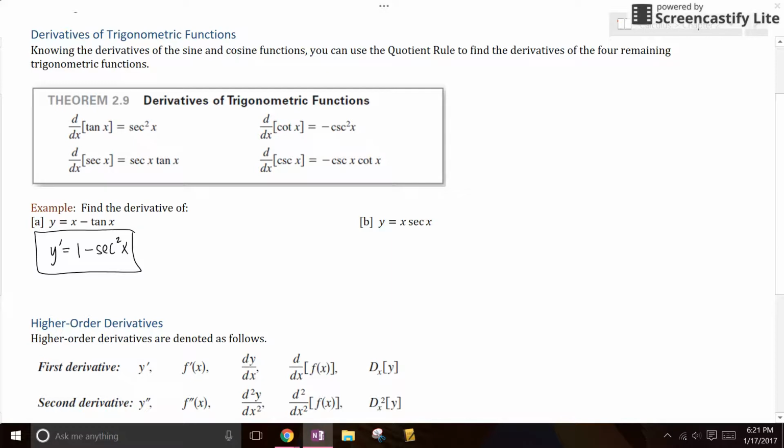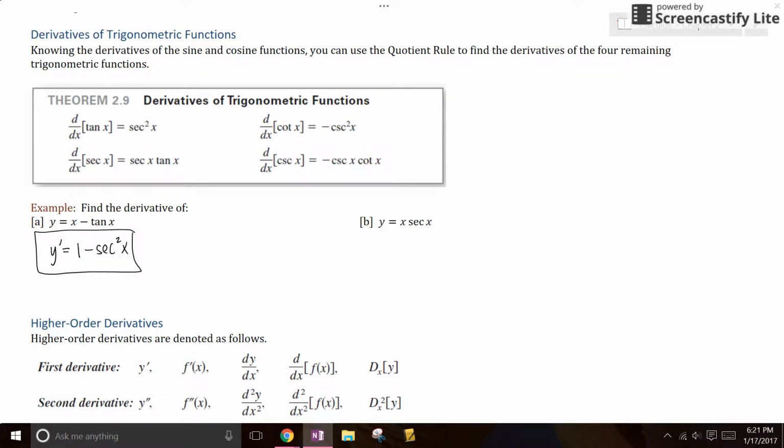Done, complete, and pretty. I'm trying to think if I could reduce that down any, because there was an identity that says 1 minus secant squared would give us negative tangent squared. Just kind of neat to know. So it could also be negative tangent squared.